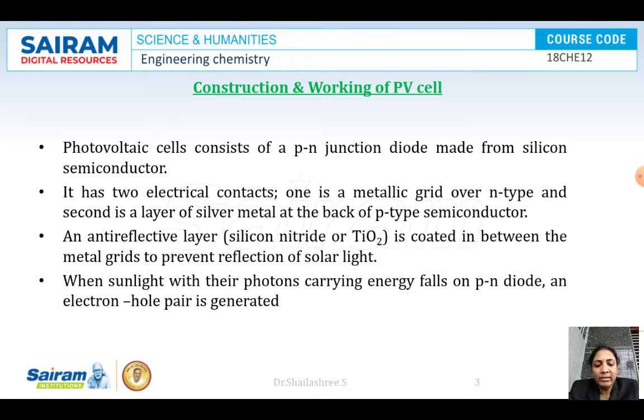An anti-reflective layer, made of either silicon nitride or titanium oxide, is coated between the metal grids to prevent the reflection of sunlight. When sunlight, with photons carrying energy, falls on the PN junction, electron hole pairs are generated.